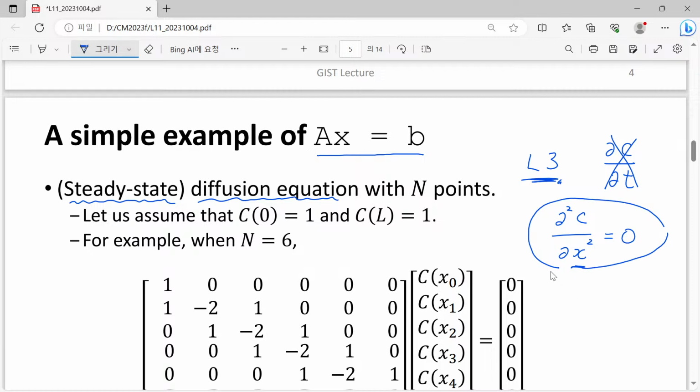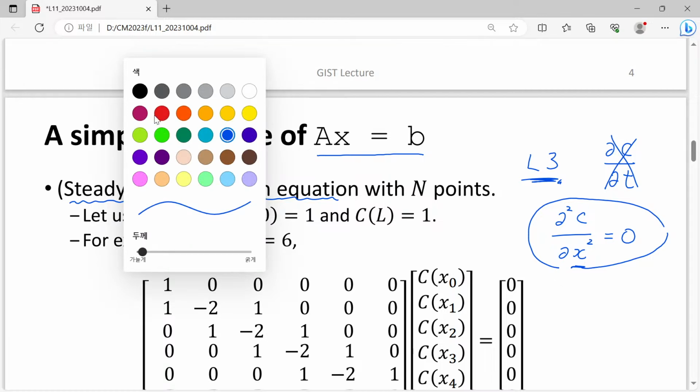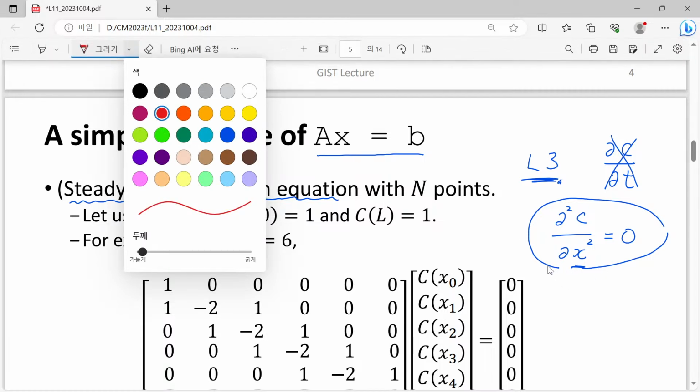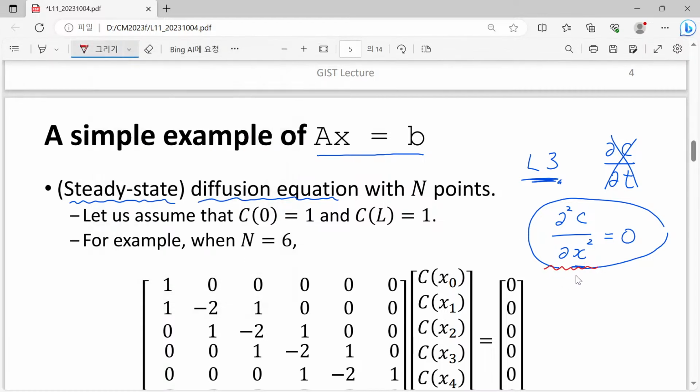Then of course when we have such an equation, the natural next step is discretization of this second derivative, and we know it. How can we do that? That was not that difficult.